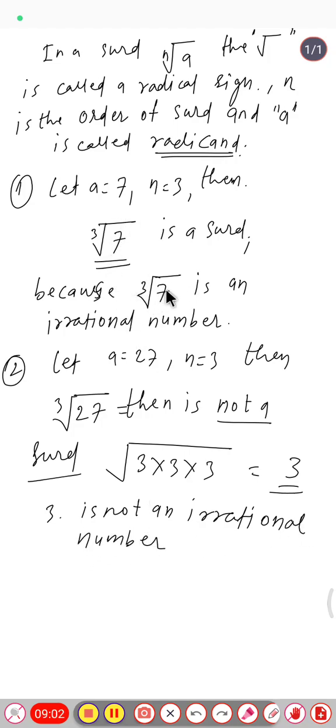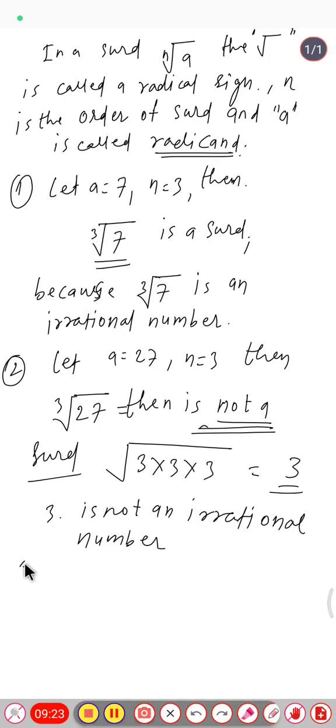Here we cannot find the cube root of 7 as a rational number, but in this case the cube root of 27 is 3, which is rational, so therefore it is not a surd. Understand?